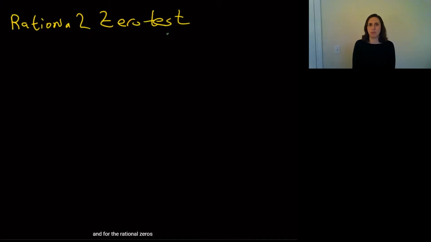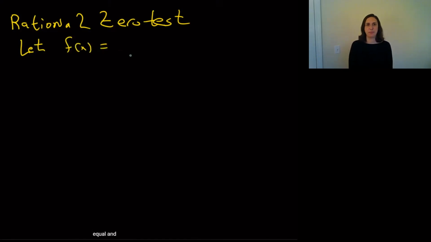And for the rational zero test, it says, hey, let f of x equal, and it's going to be a polynomial. So we get our form back.